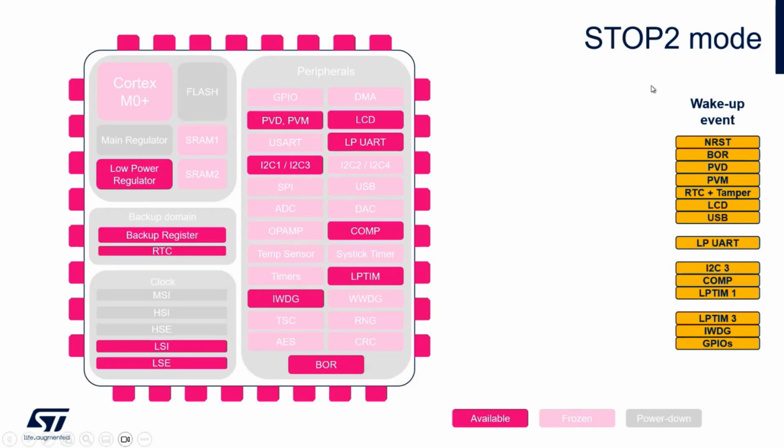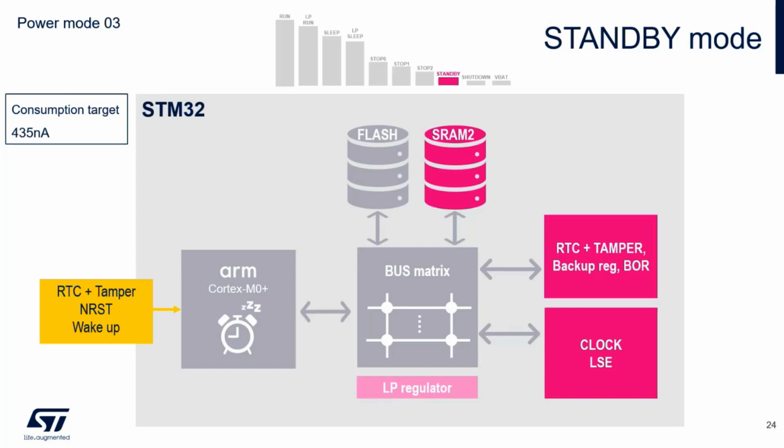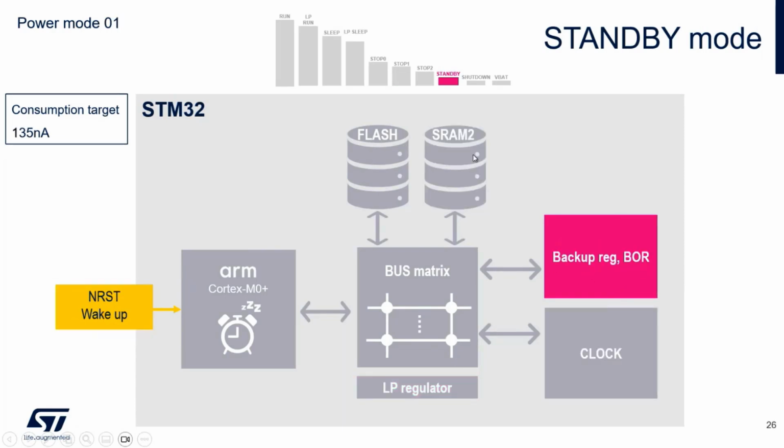I forgot to mention that on the right side of the slide, I put all the wake-up events available on each low power mode. And here are the standby modes, with some very interesting cases. In the example we are using, sorry, there are 3 standby mode examples available: one with the SRAM retention and the RTC, one with only the RTC, and the last one with nothing else, just the MCU in standby mode.